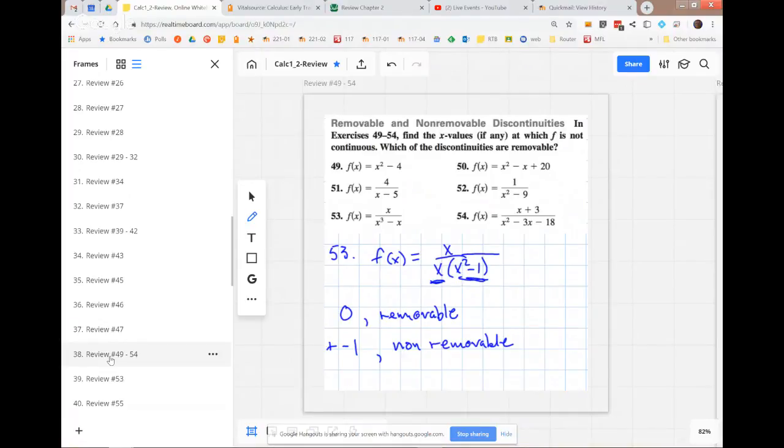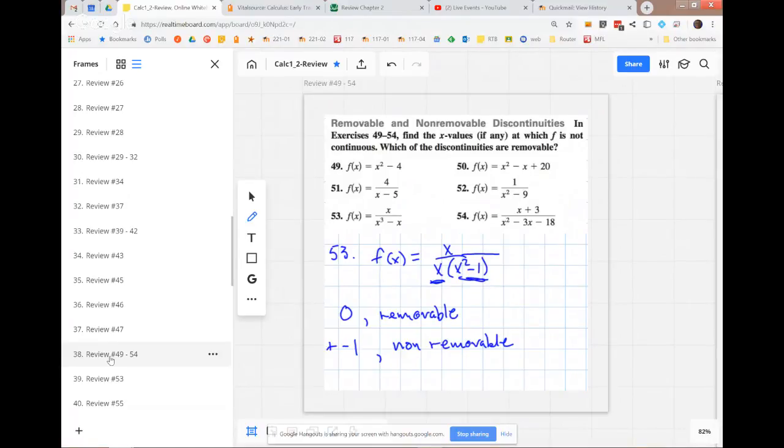Now, I'm trying to think here. Why is 0 removable? Well, you can't have the denominator be 0, right? And if x was 0, that would make the denominator a 0.